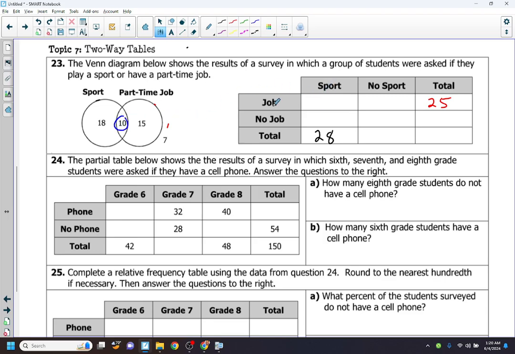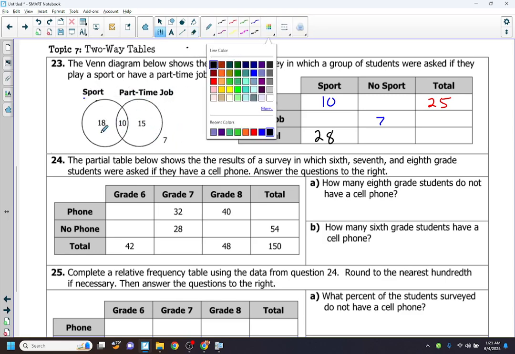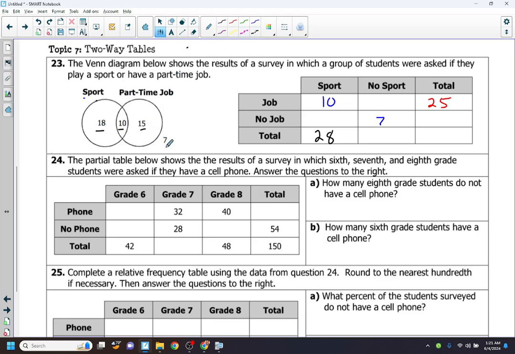So people who had a job and did sports, that's 10 over here. And then this number outside is people who did not have a job nor played a sport. So no job, no sport, that should be 7 over here. And we could get the total by just adding up all the numbers. 18 plus 10 plus 15 plus 7. So that should be 50.